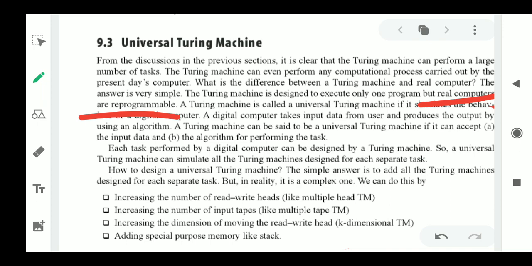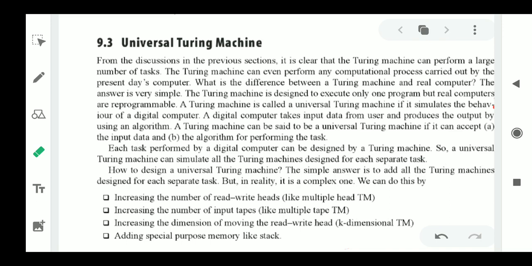If we install one more application into your computer, that application will also work. So we can compare a universal Turing machine with our real computer. A normal Turing machine also behaves like a computer, but it executes only a single program, so we are unable to compare it with a real computer. The perfect example of a universal Turing machine is our normal computer.